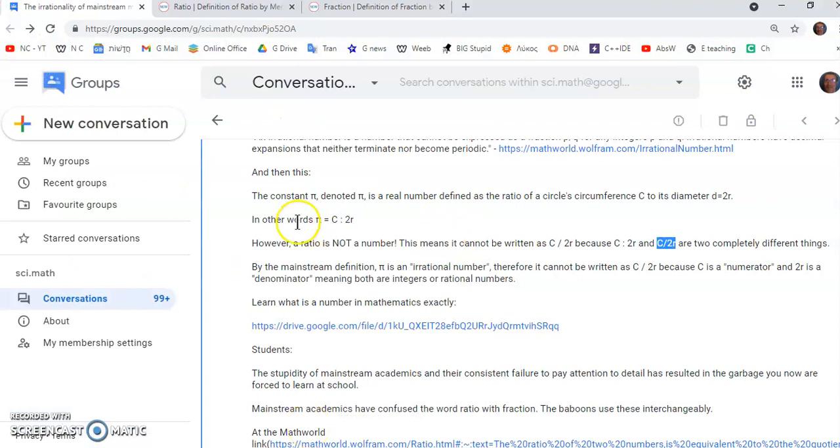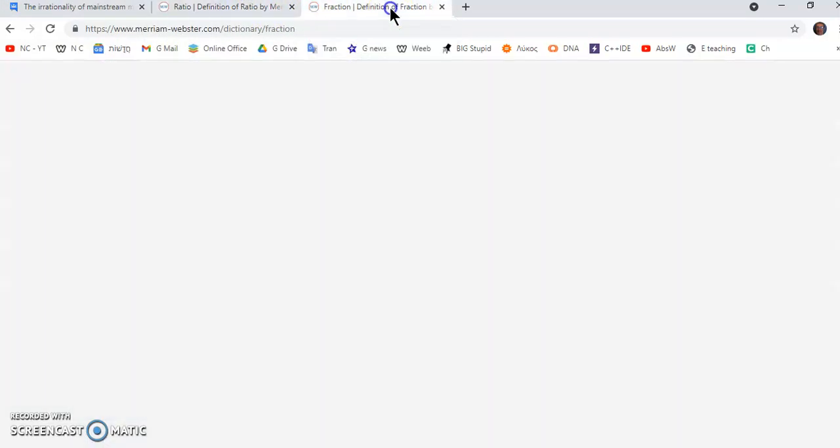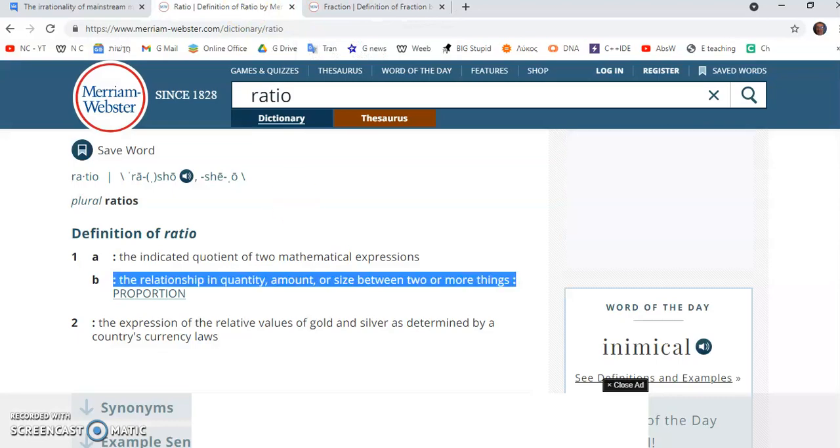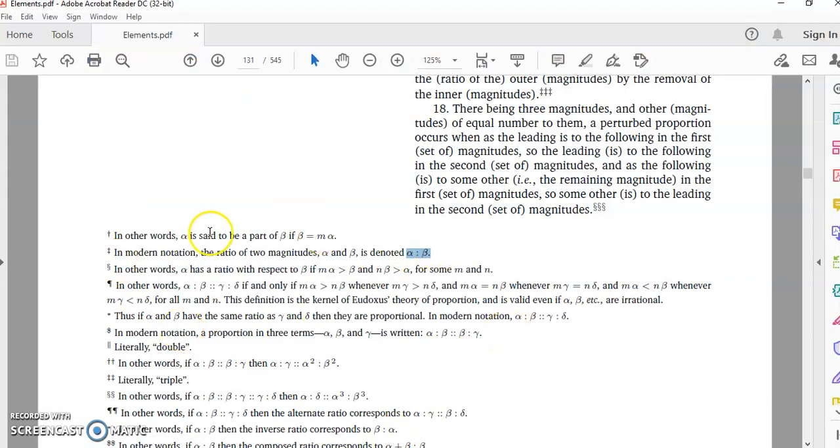But what I want to show you now is that you cannot go easily by the definitions in Webster or anything else, because remember, the Greeks were the first to define ratio. And so in modern notation, this is from the Elements, the ratio of magnitudes alpha and beta is denoted alpha colon beta, okay?